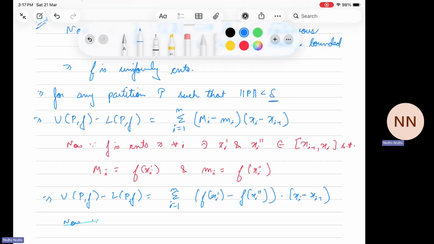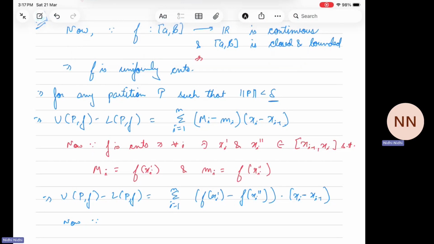So from here, this implies for epsilon positive, there exists delta positive such that mod f(x) minus f(y) is less than epsilon whenever mod x minus y is less than delta.